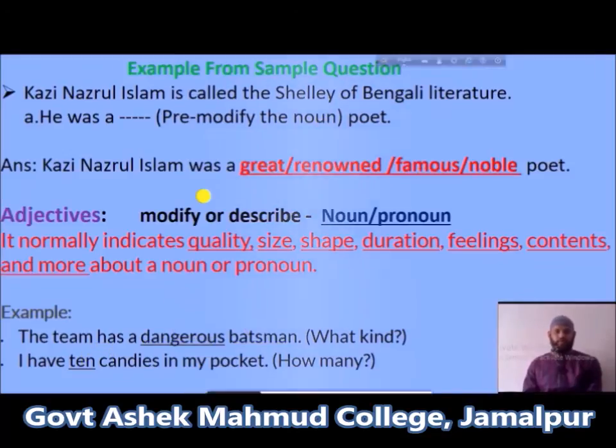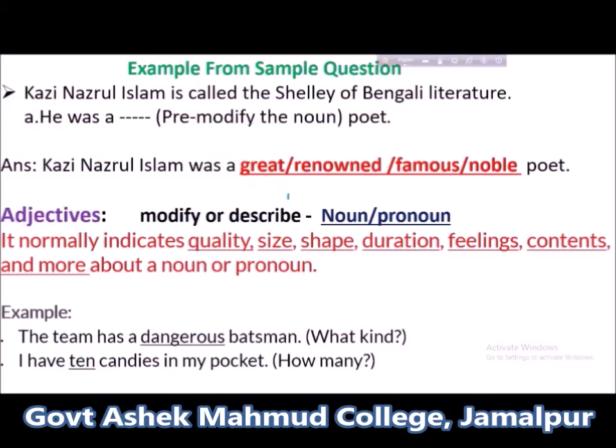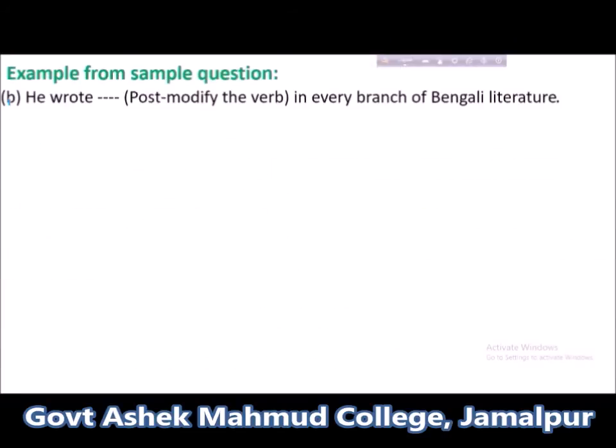Let's take, dear learners, another example from the sample question. It is question number B, and it's written here: We wrote post modified verb in every branch of Bengali literature. You see in this very question the direction is post modified verb.